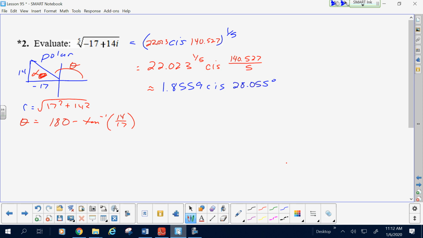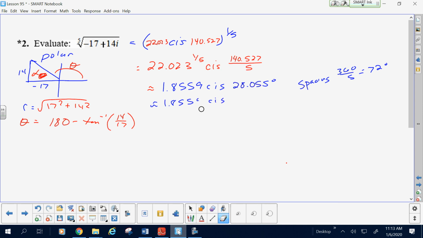What's the spacing? 72. 360 divided equally among 5 answers is 72 degrees apart. So our other answers are 1.8559, 855 or 856, whatever you prefer. Cosine sine, what is that, 90, 100? 100.055 degrees.